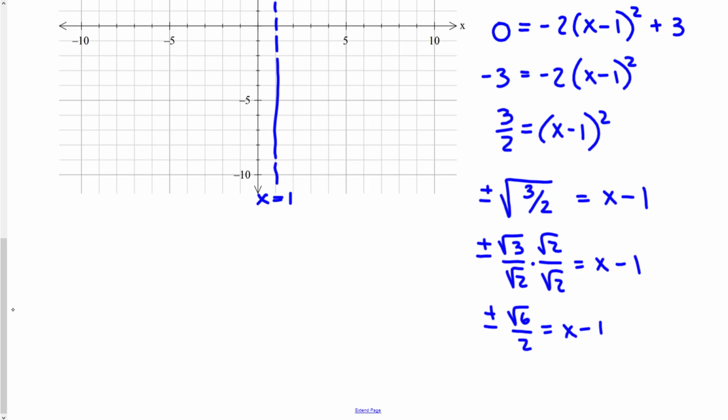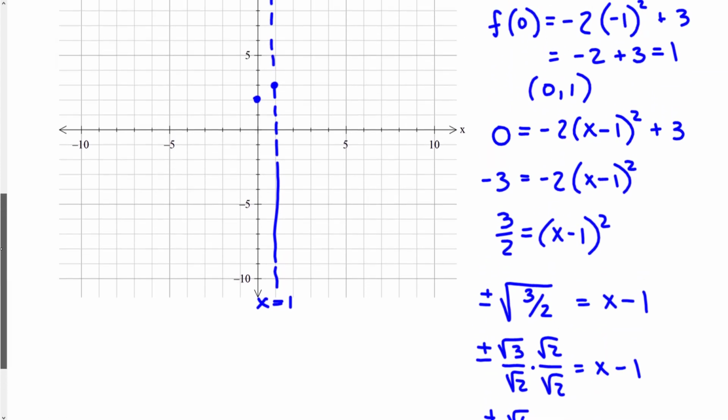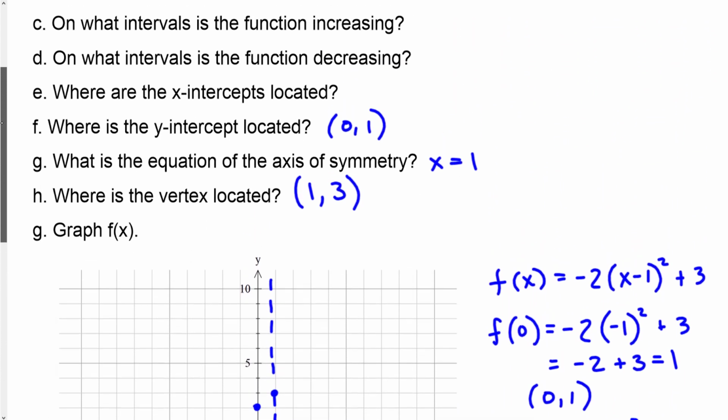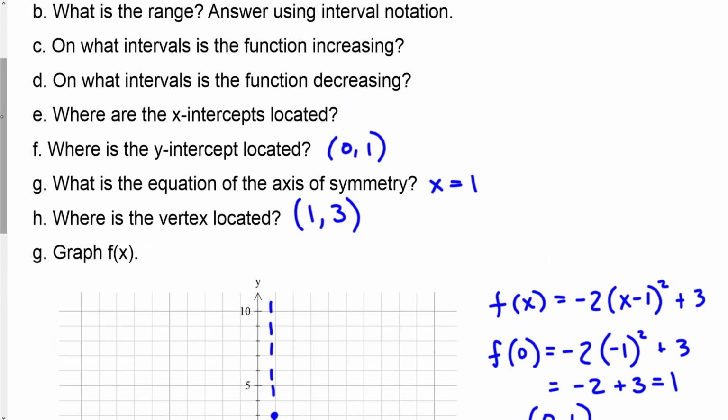And then if I add 1 to both sides, I get x equals 1 plus or minus the square root of 6 over 2. So those are the locations of the x-intercepts, although we need to write them as a point because the x-intercepts occur at a point. It's very easy to do that. It's going to be 1 plus or minus square root of 6 over 2 comma 0. Just you're on the x-axis when your y variable is 0, so you just express it as a point.